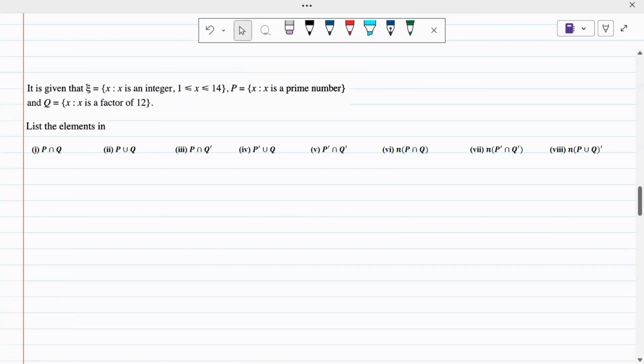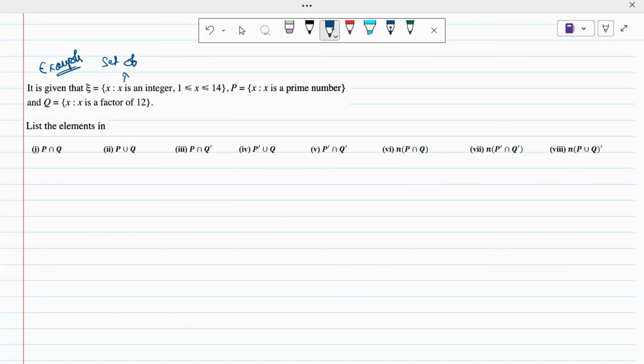Okay, a few examples. It is given that x is an integer, so this is a tabular form given. So how do you read this? You read this as set of x such that x, now what is x?